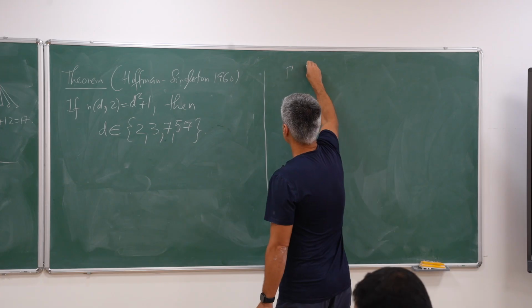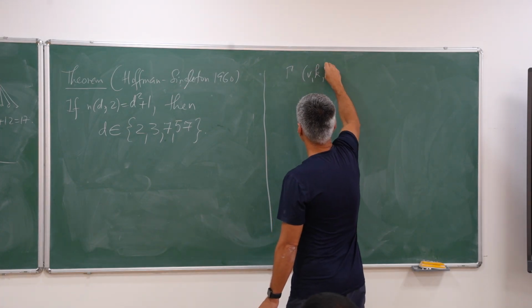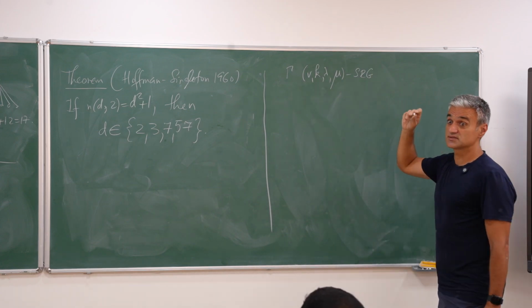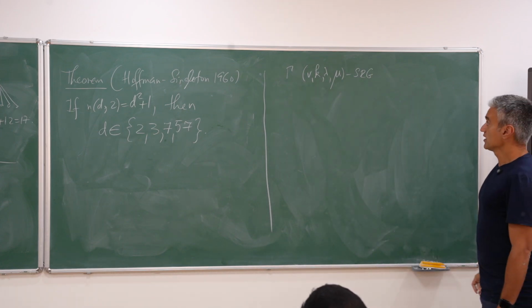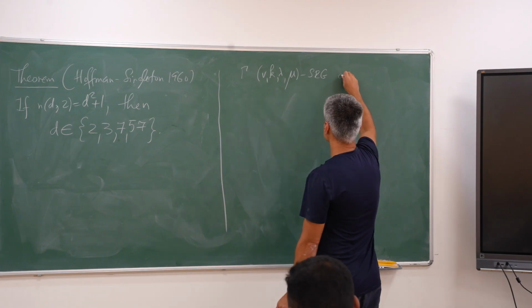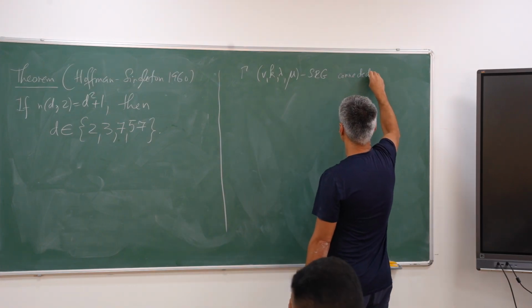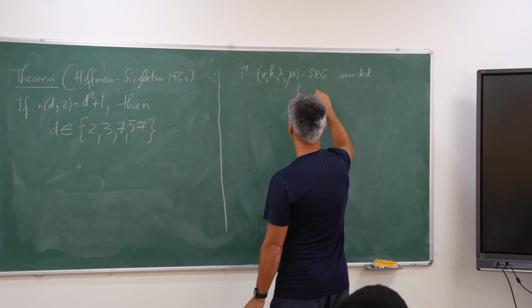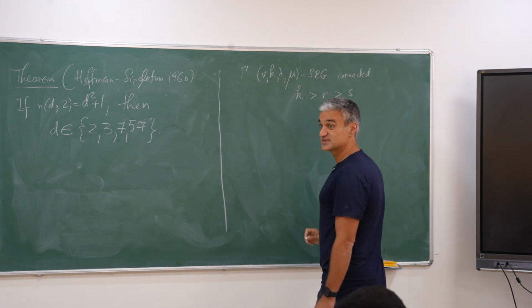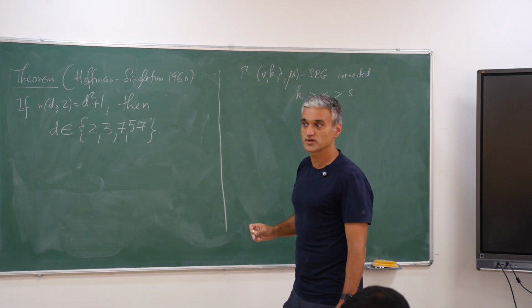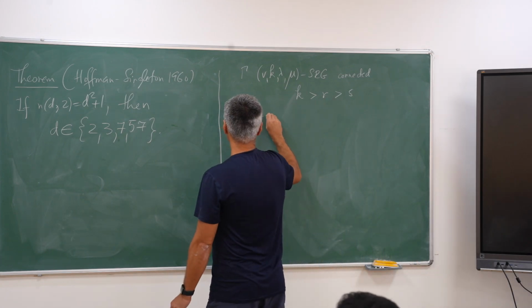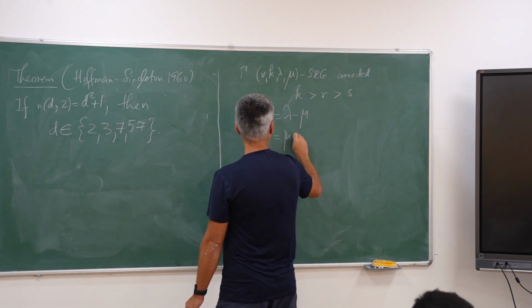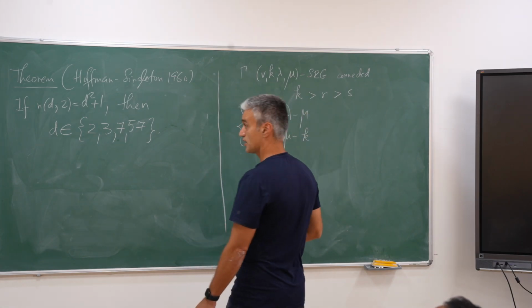So as before, we have this notion of (v, k, lambda, mu) strongly regular graphs. We did this a few days ago, and we proved that, let's say this is connected, we have eigenvalues k, r, and s. Does anybody remember how we can find them quickly? r plus s is lambda minus mu, and r times s is mu minus k.